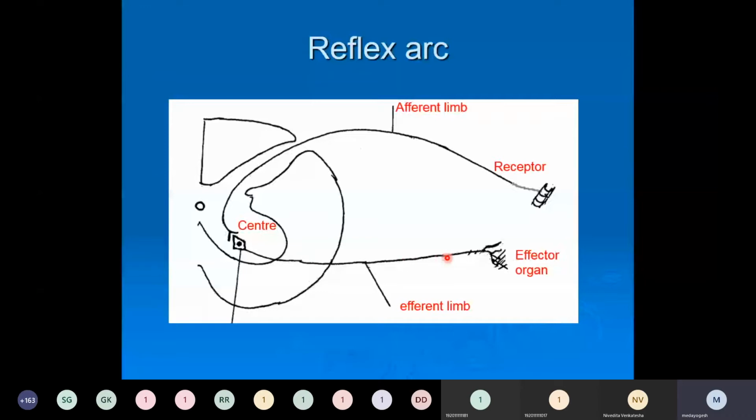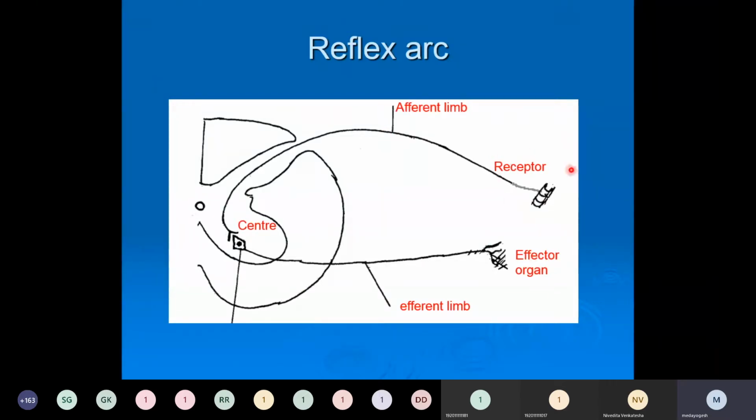The efferent limb is supplying the effector organ. So these are the 5 components: receptor, afferent limb, center, efferent limb, and effector organ. You can just draw a simple line diagram like this and explain each component.